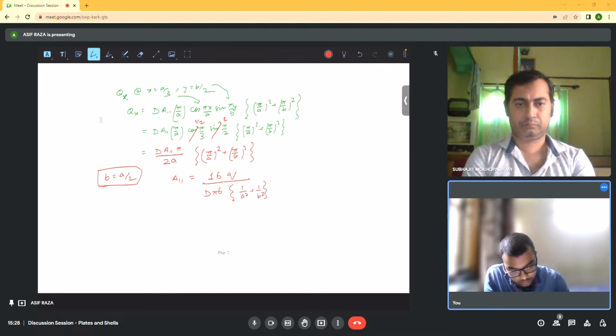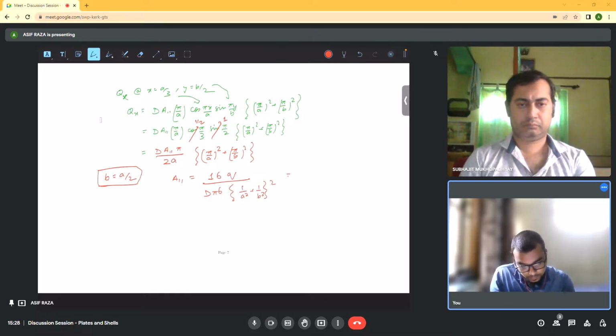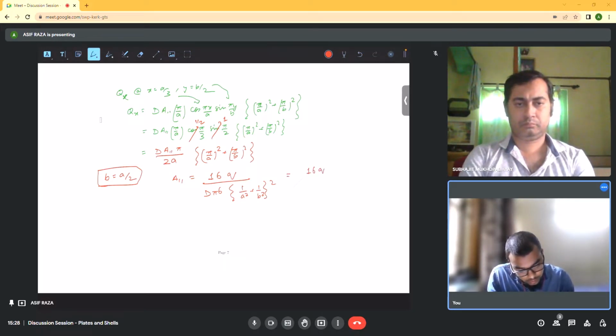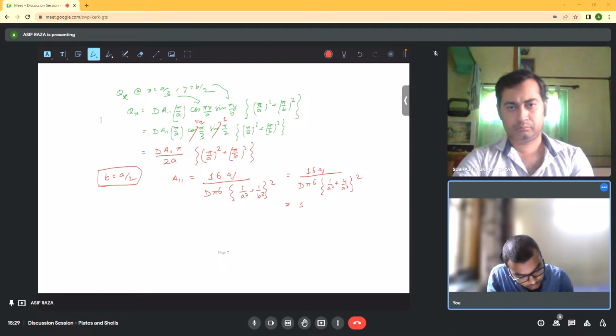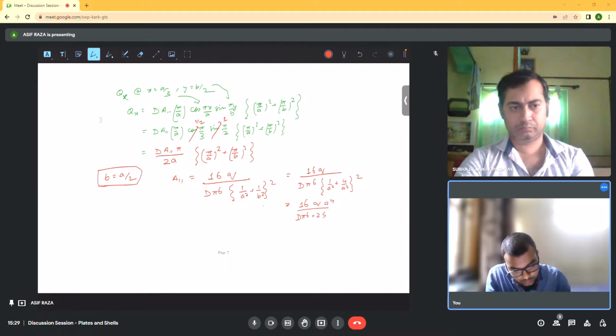So when we substitute b equals to a by 2, we'll get 16 q D by π⁶ times (1 by a square plus 4 by a square), and whole square, equals 16 q D by π⁶ times 25 by a to the power 4. So this is my a11.